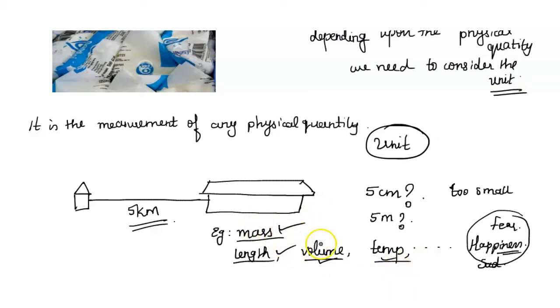So we have devices to measure physical quantities, but it is impossible to measure non-physical quantities such as happiness, sadness, fear, etc. So this is all about units and how we can define a unit.